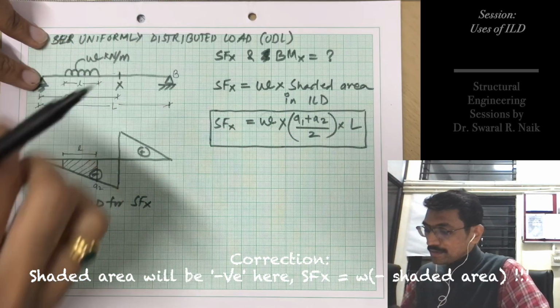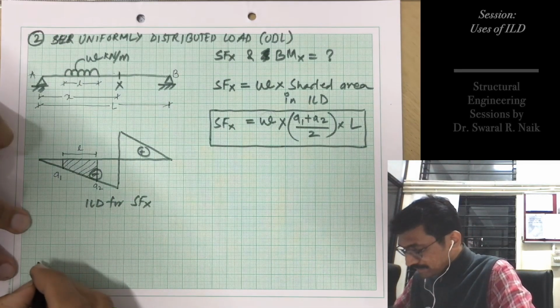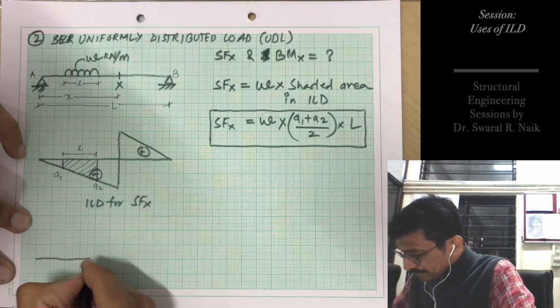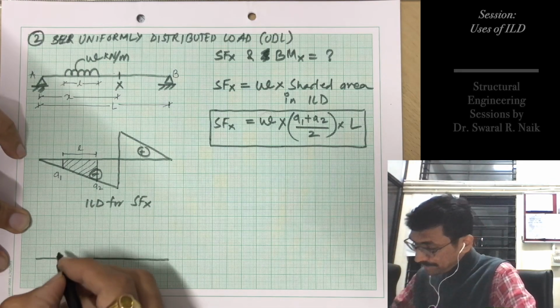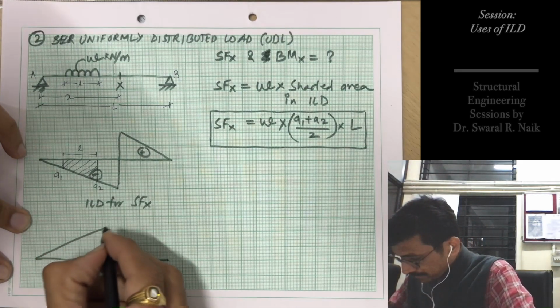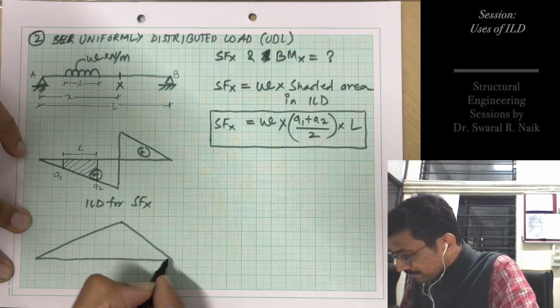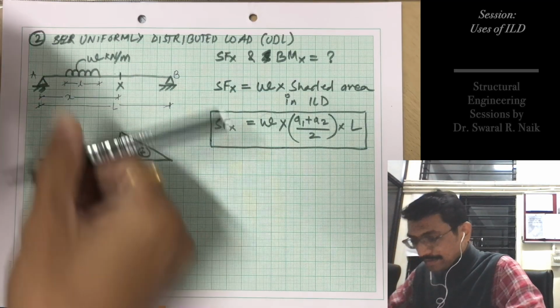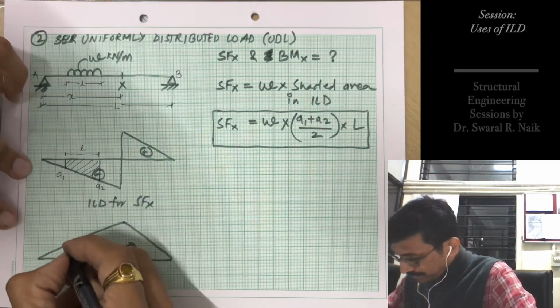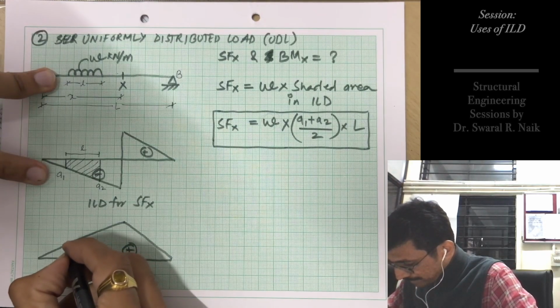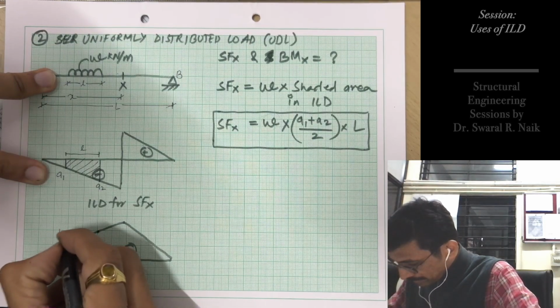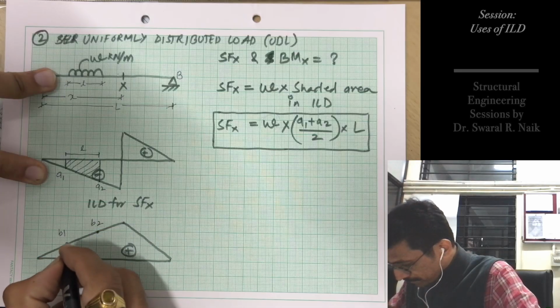Similarly, if we see for BMX, this is our ILD for BM, and we have ordinates under UDL, say for example B1 and B2.